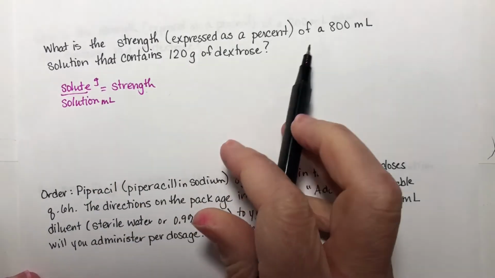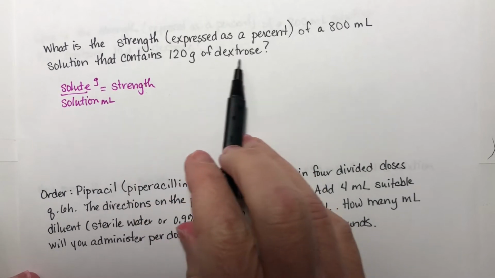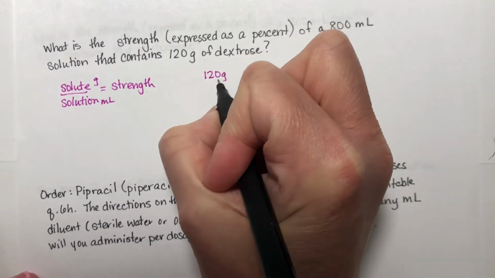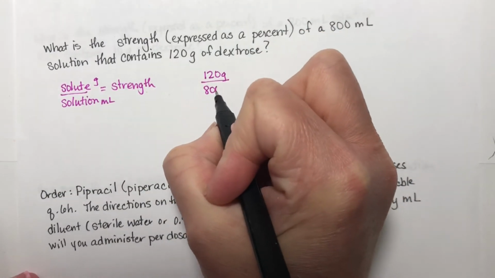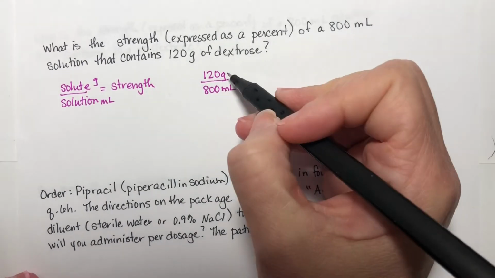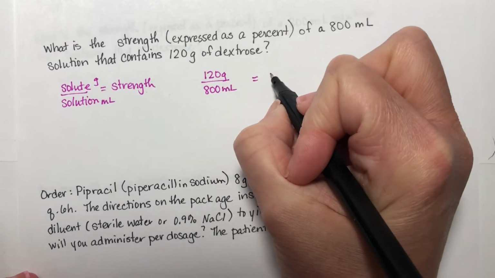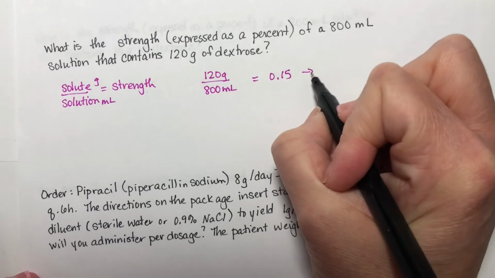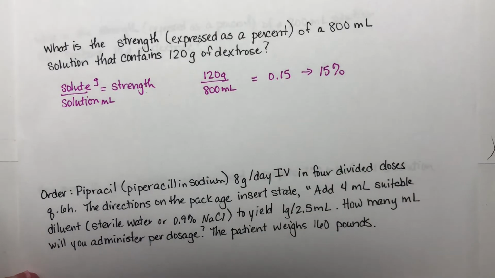So if we want to know the strength, we take the solute, the amount of whatever it is we're supposed to be dissolving, 120 grams, and put that over the solution, which is 800 milliliters. Okay, you divide 120 by 800, and you should get 0.15, which is 15%. So this is a 15% solution.